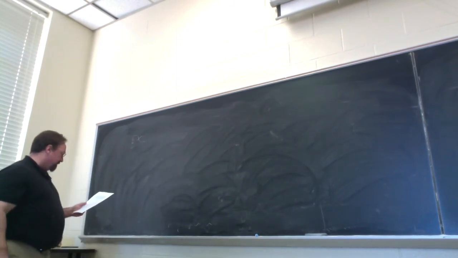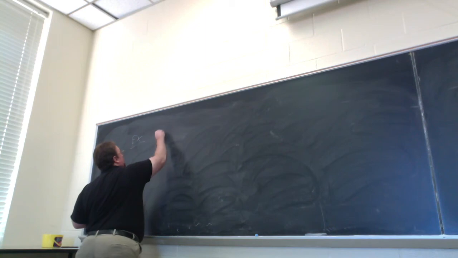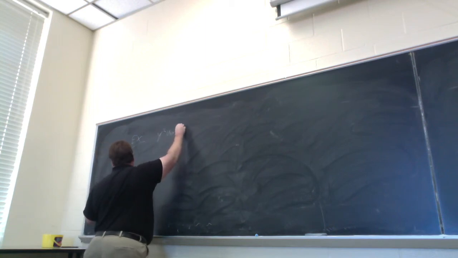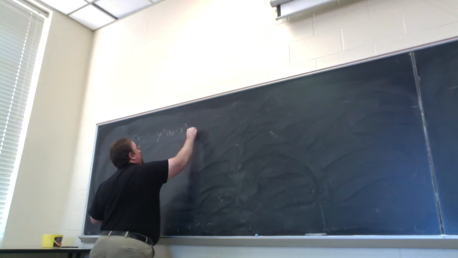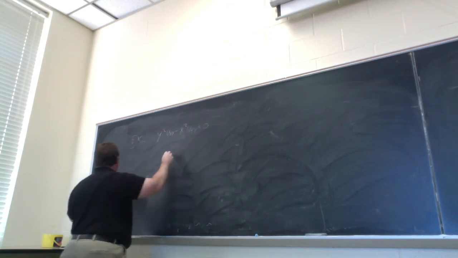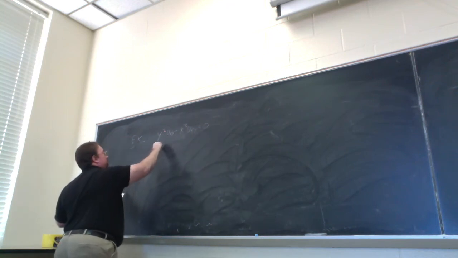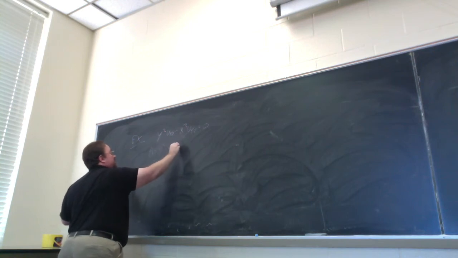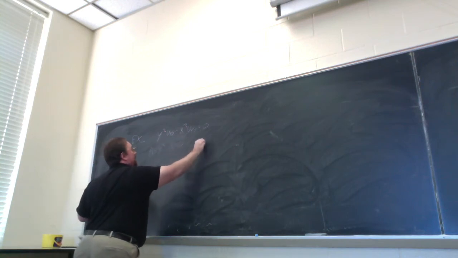Let's do an example of a hyperbolic PDE: y squared u_xx minus x squared u_yy is 0. So A is y squared, B is 0, C is minus x squared.